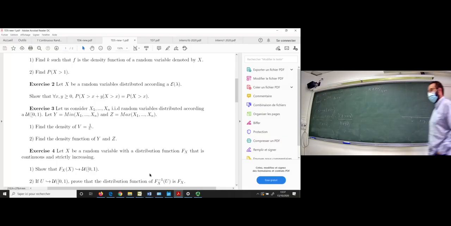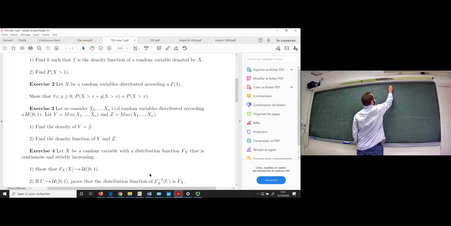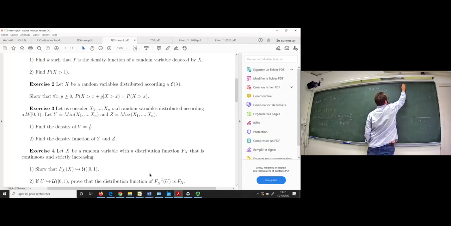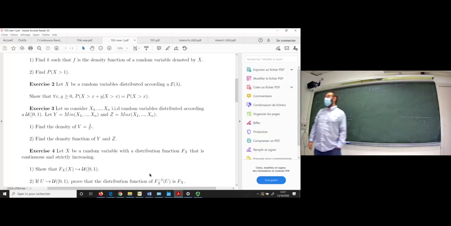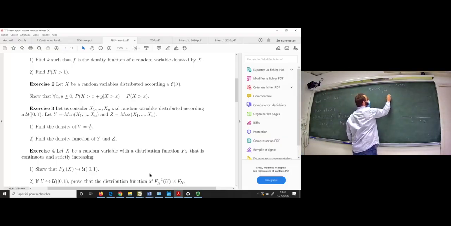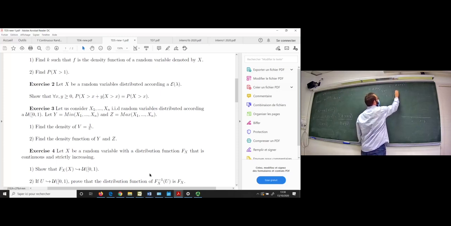If you want, you have several possibilities. You can write 1 minus the probability that X is less than z, and you make the distribution function appear, and since you have the density, you obtain this one.